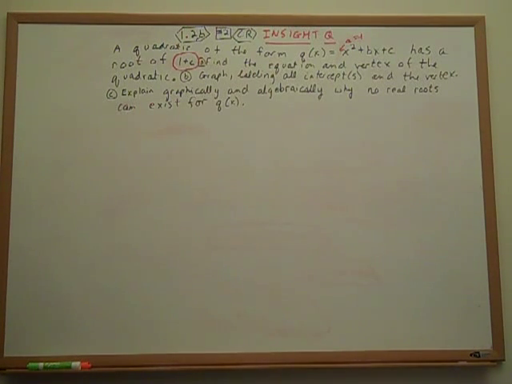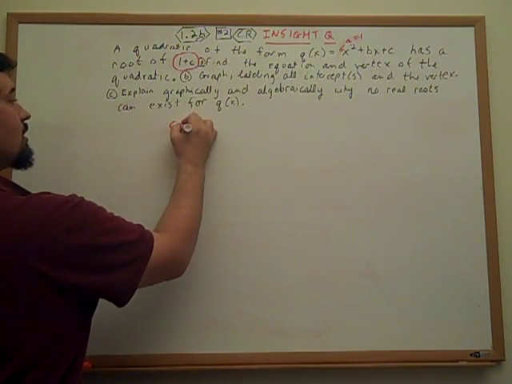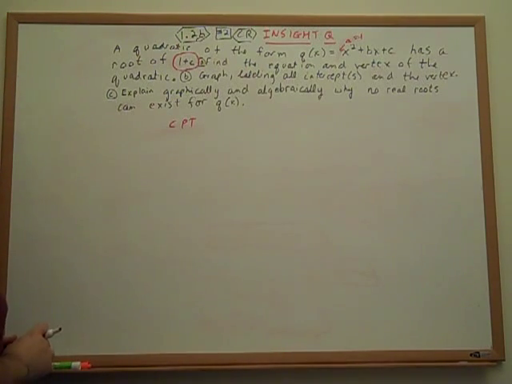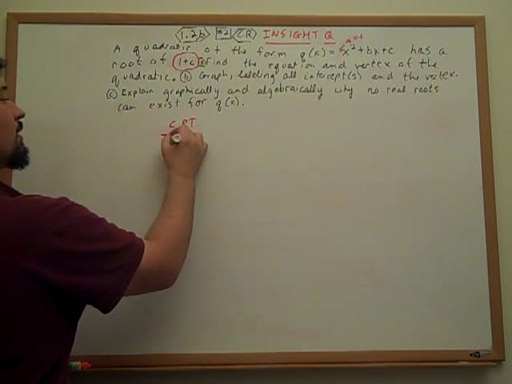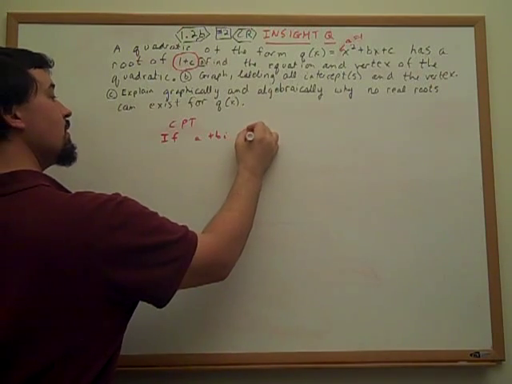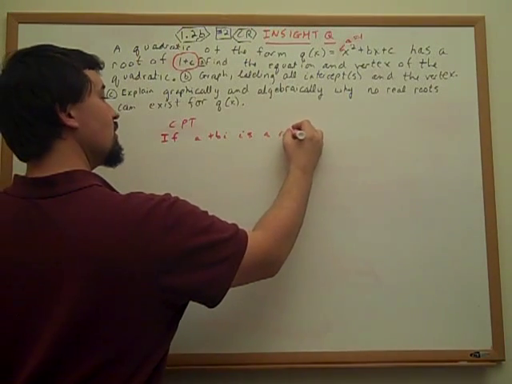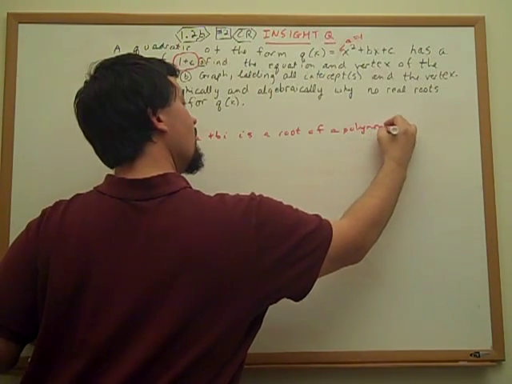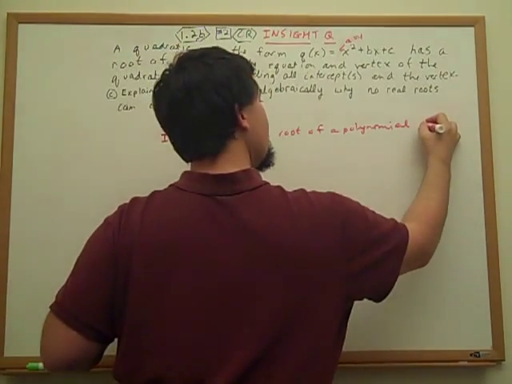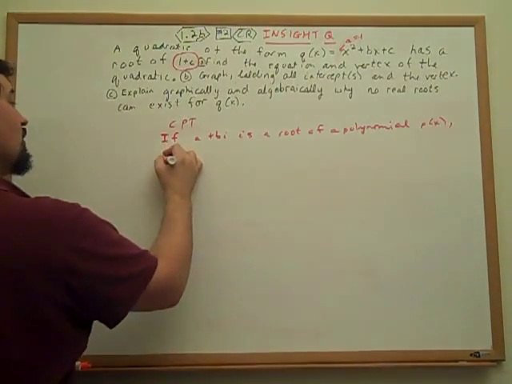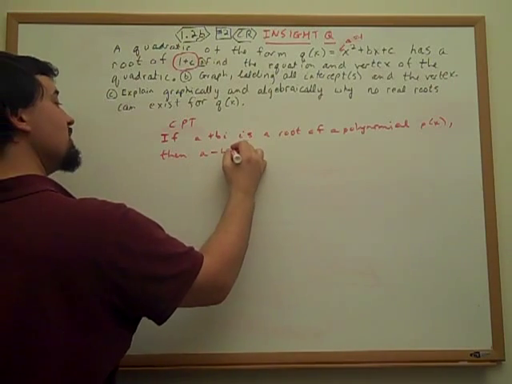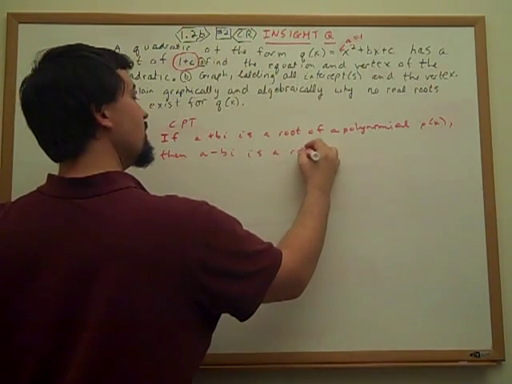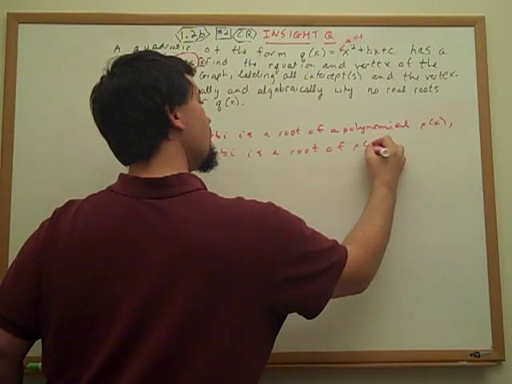So first, what we have to recognize is that we're going to be using conjugate pairs theorem, which means if a plus bi is a root of a polynomial p of x, then a minus bi is a root of p of x.